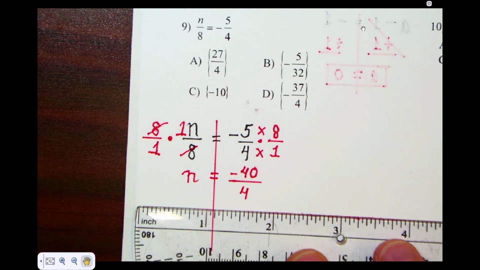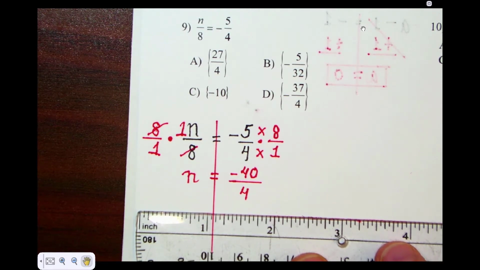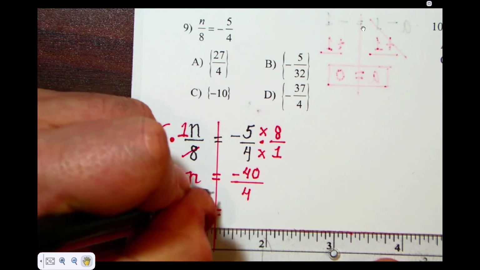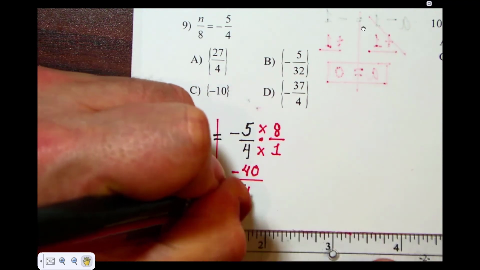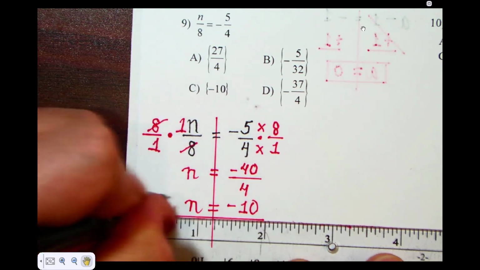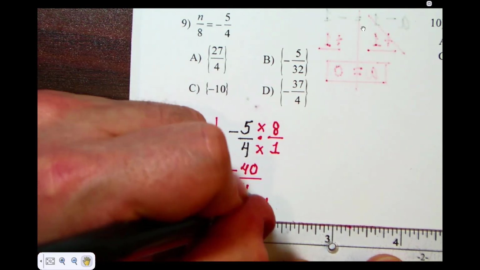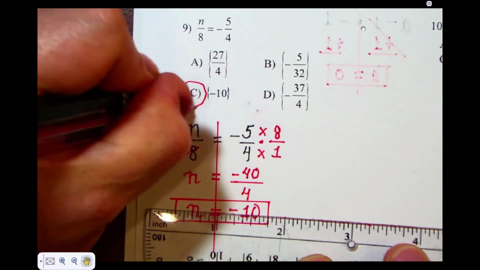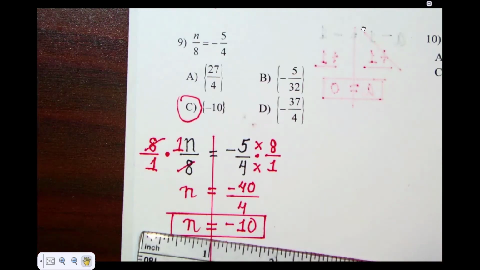You divide negative 40 into 4 pieces. Each piece is negative 10. Okay, negative 10. That is the answer. Okay, the respuesta. Negative 10.